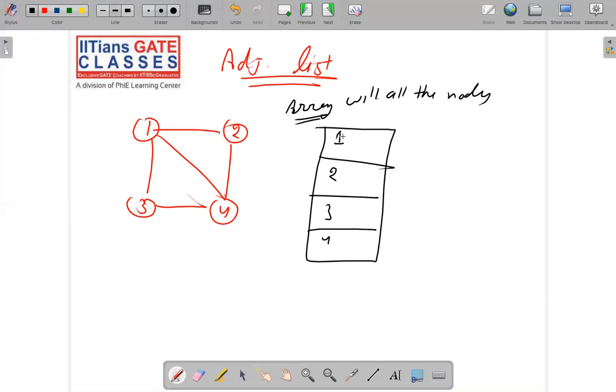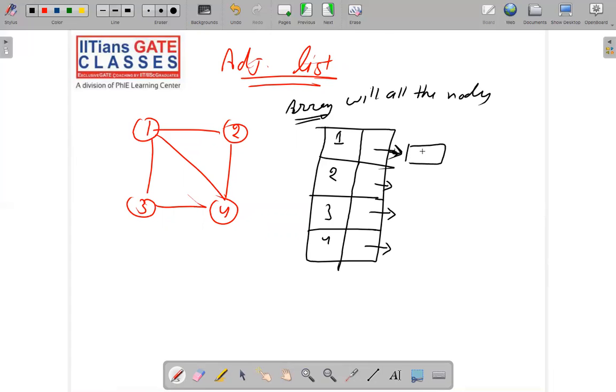In the array, for 1, we have a list pointer here. Once we cover data structures, we will understand how a list works, but for now, consider a pointer which points to a list. One more list pointer here, and here, and here. For now, 1 has 2, 3, and 4.